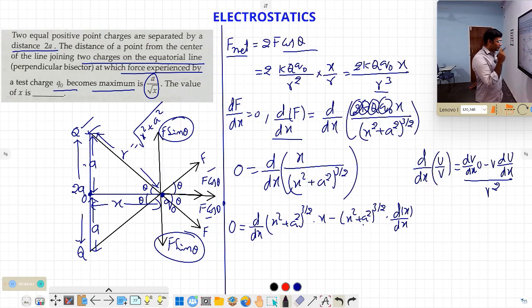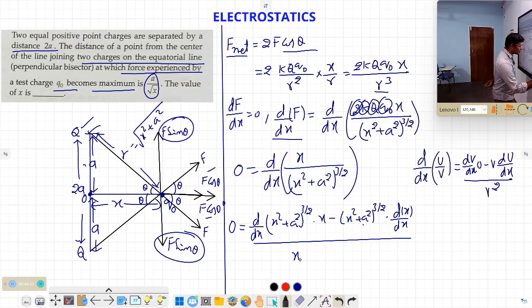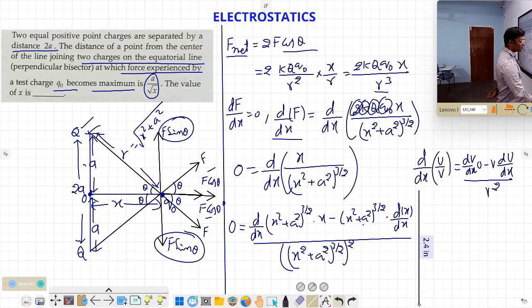The total is divided by x square plus a square whole power 3 by 2, whole square, because according to the formula there is a square in the denominator.